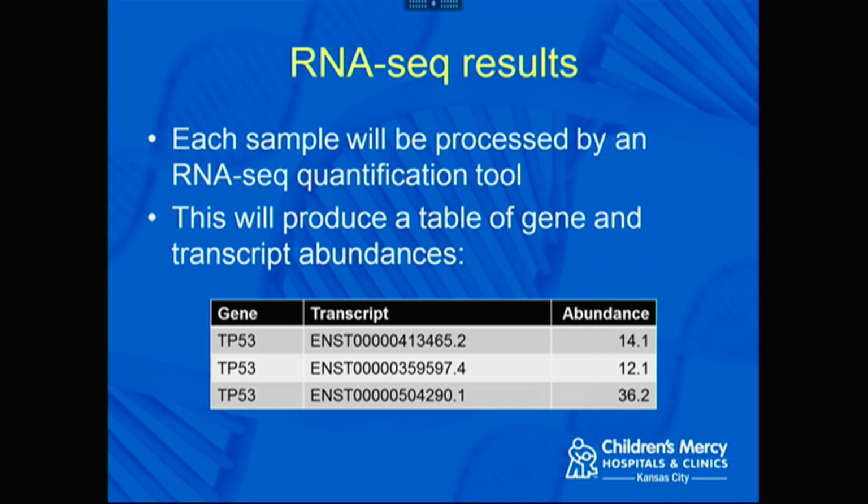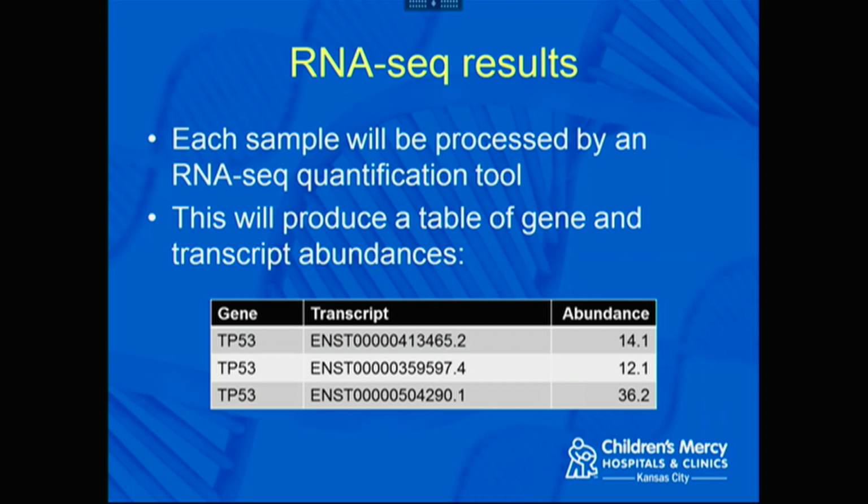Most researchers prefer the gene level because unless they have specific knowledge about how the different transcripts of, say, a gene that they're interested in behave, they don't really know what to make of all this transcript information. So you'll either get a list of transcripts or a list of genes, but they're effectively the same.